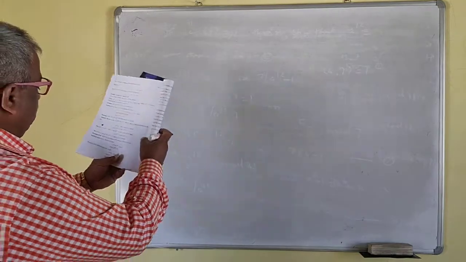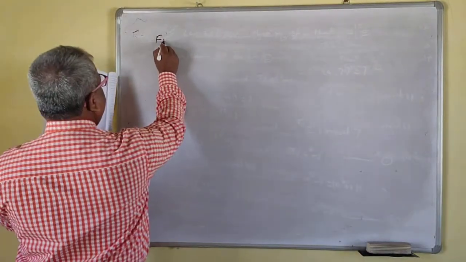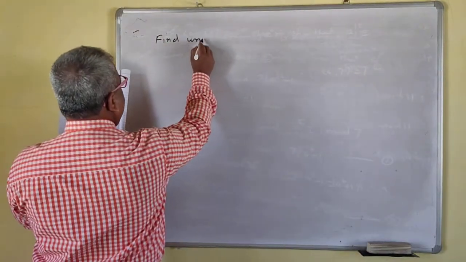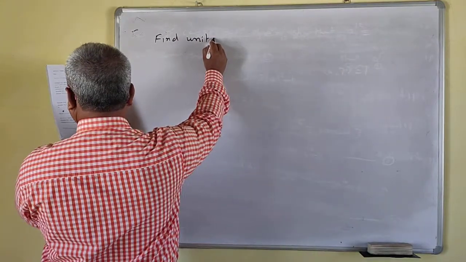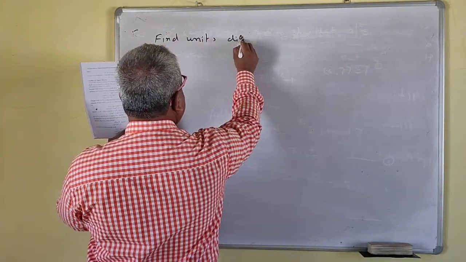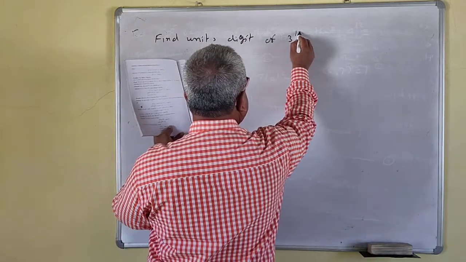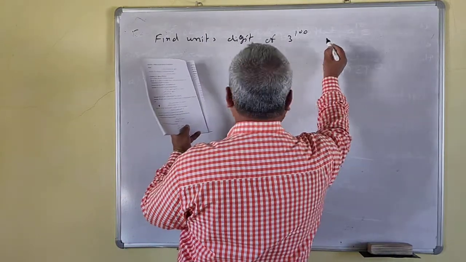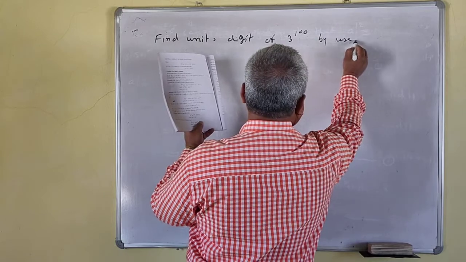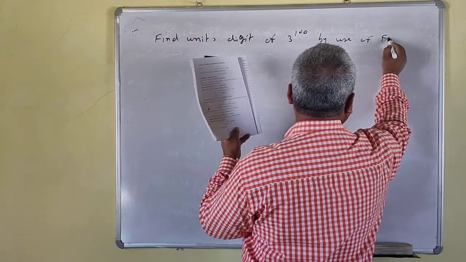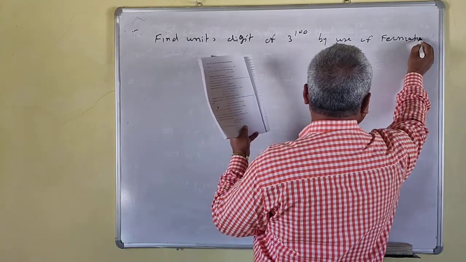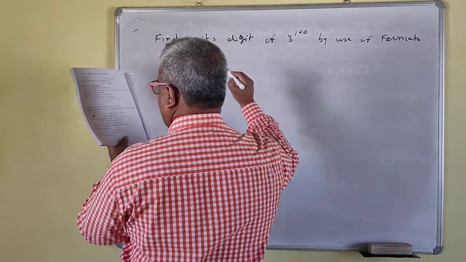Find the unit digit of 3^100 by use of Fermat's theorem.